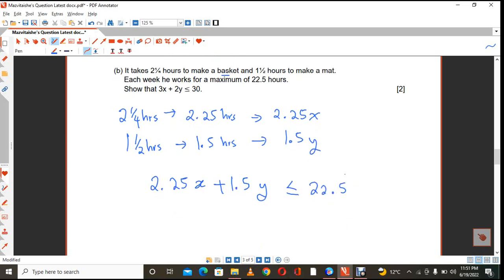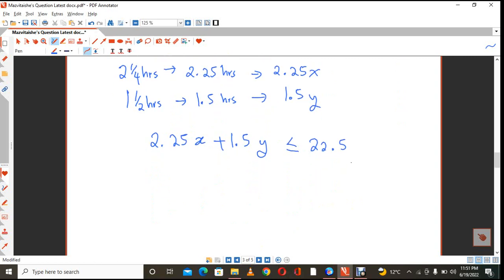Now you can simplify. There are many ways you can simplify this. If you wanted to, you could simply multiply so that these things become whole numbers. I was going to change them to improper fractions, and I hope you still know how to do that, but it ultimately doesn't matter.